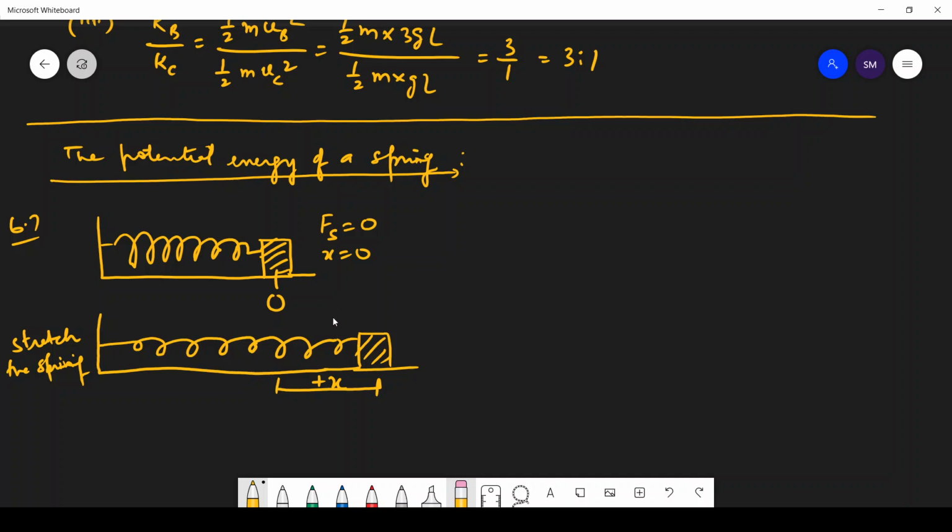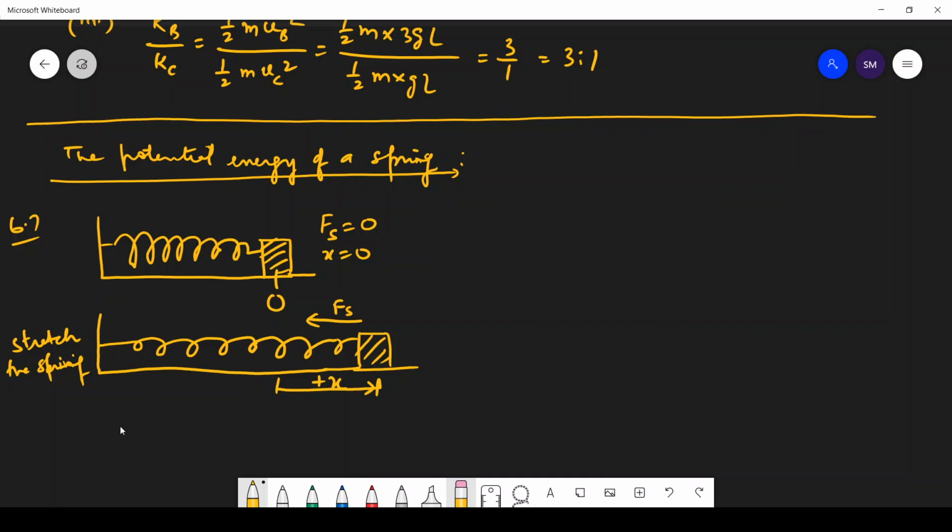But tell me, students, in which direction is this spring pulling this body? The spring wants to go back to this position where it was at rest. So obviously the force by the spring is acting in this direction. Displacement was in this direction and spring force is in this direction.